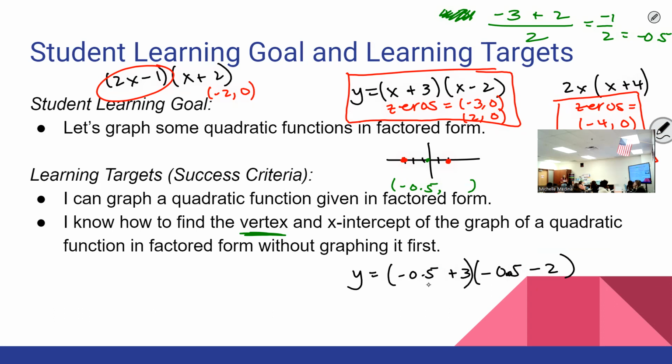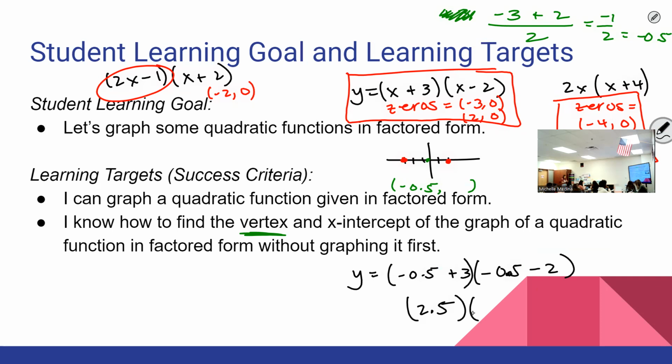What's negative 0.5 plus 3? 2.5. What's negative 0.5 minus 2? Or you can use a calculator. Negative 2.5. I'm also just checking it too, but that's what I estimated it to be anyway.